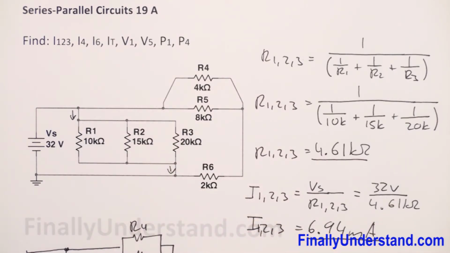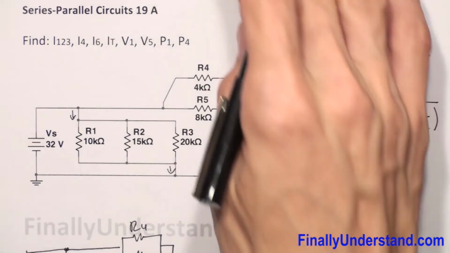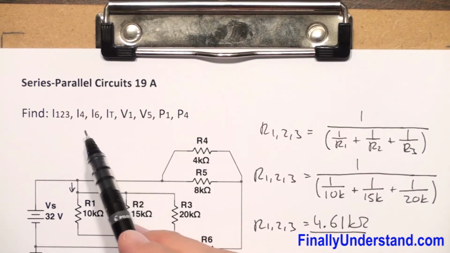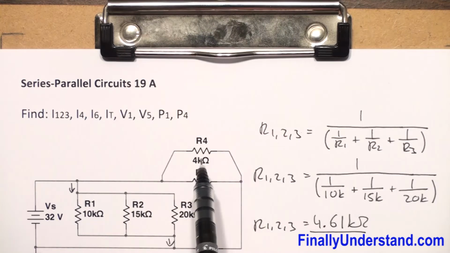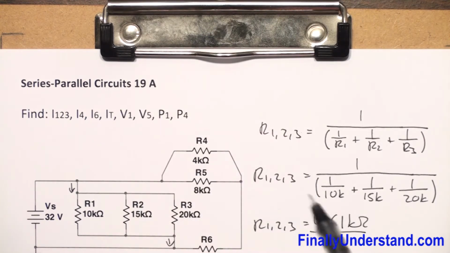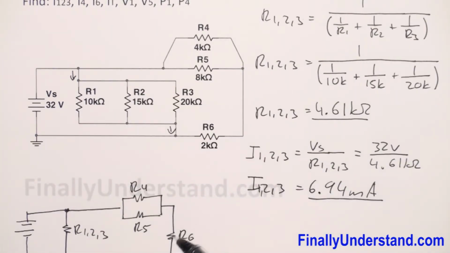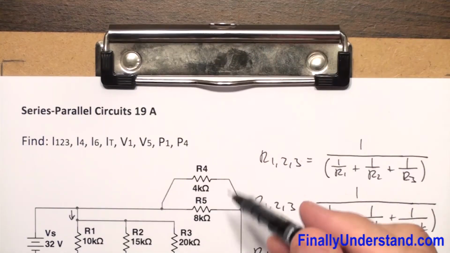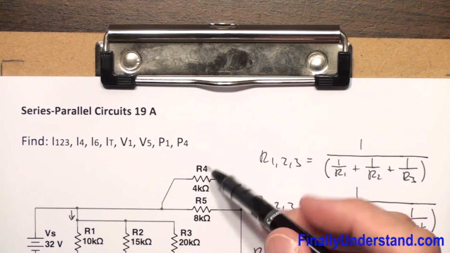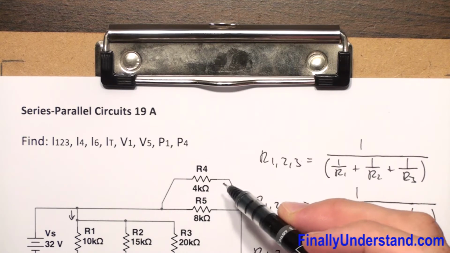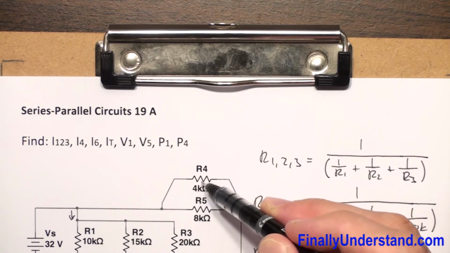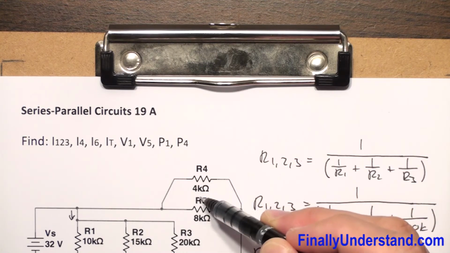Next, we're supposed to find the current which will go through resistor R4, and the current which will go through resistor R6. Later on we're going to find I total. So please notice that these two resistors are in parallel, right? So I'm going to simply find the total, or equivalent, resistance of these two.